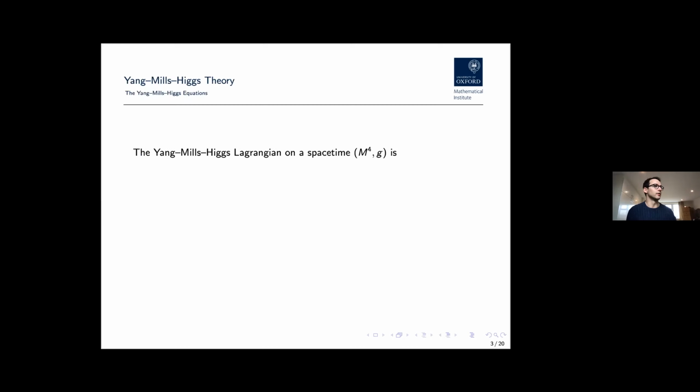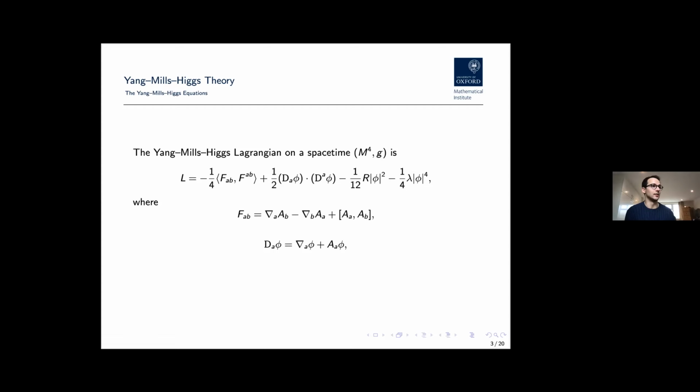Very quickly, the Yang-Mills-Higgs Lagrangian on a four-dimensional spacetime is given by the following expression, where the Yang-Mills field F is given by the expression there in terms of the Yang-Mills potential A. D_A phi is the gauge covariant derivative of the Higgs field phi, and lambda is a positive constant.